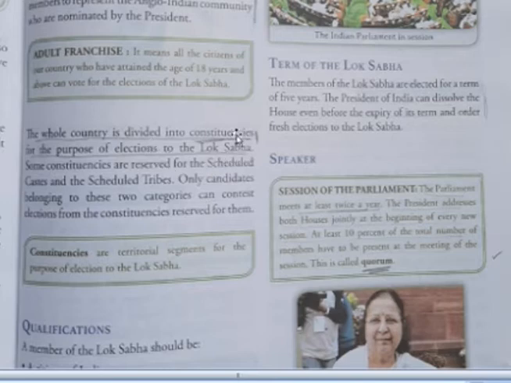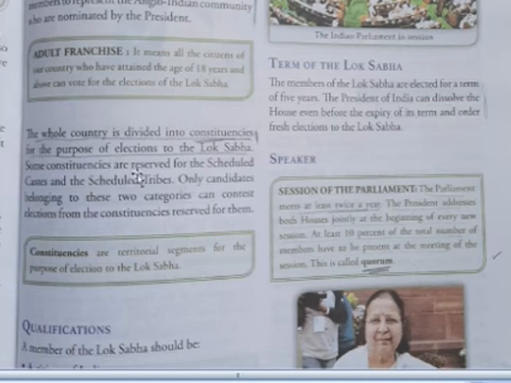So for conducting elections to the Lok Sabha, the country is divided into various constituencies, and political parties send their members to represent these constituencies, and they participate in the election for the Lok Sabha.